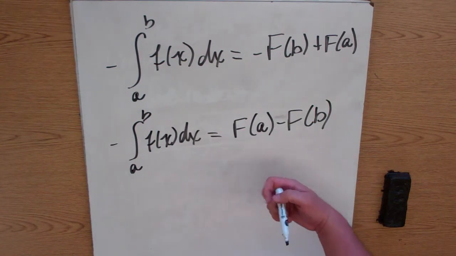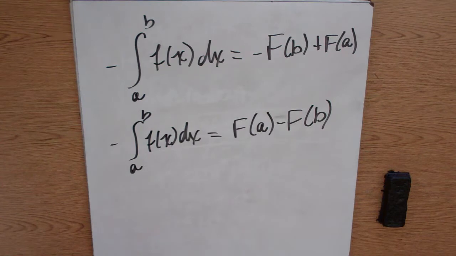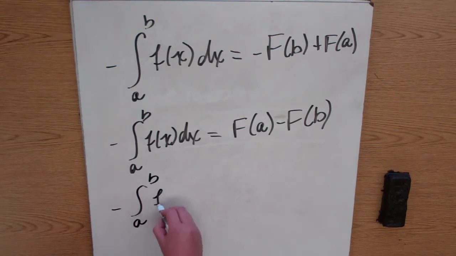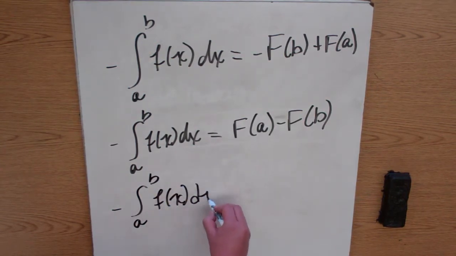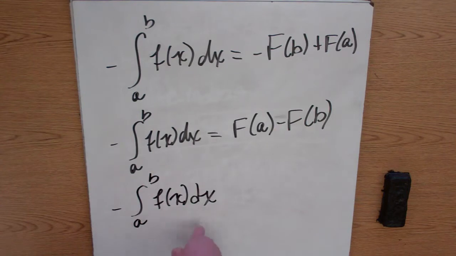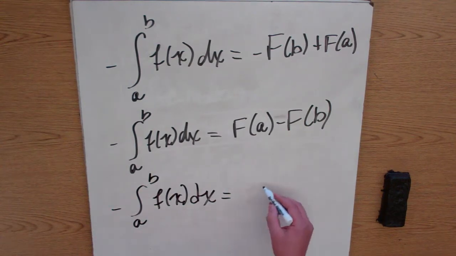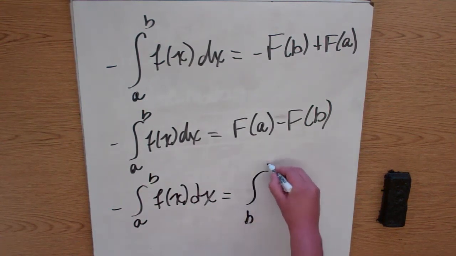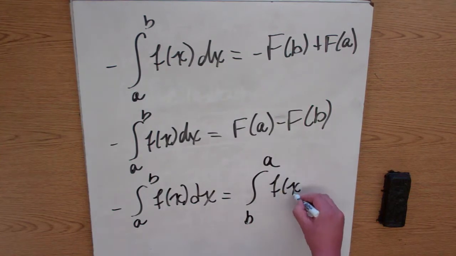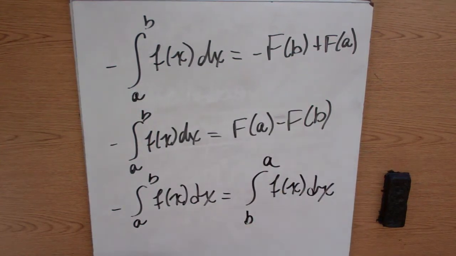So we're basically doing the reverse of it. And also, last thing, negative times the integral from a to b of f of x dx also equals the integral from b to a of f of x dx.